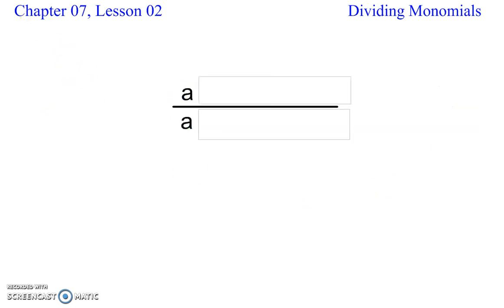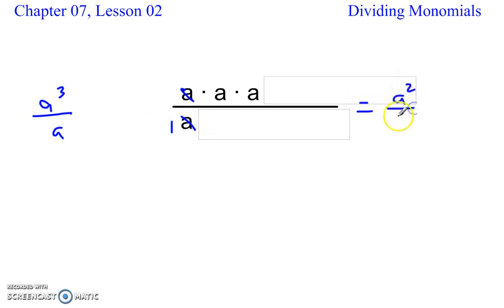Let's look at that. That same thing works with variables too. So let's say I have a to the third divided by a. We can cancel out one of those a's. That leaves me with a 1 here, so I get a squared divided by 1.